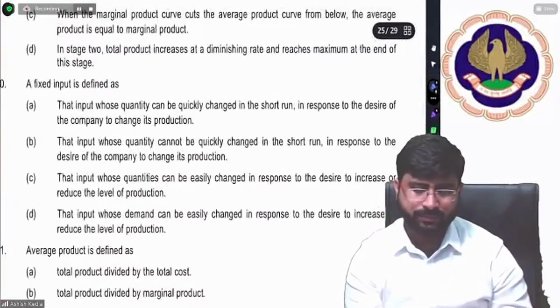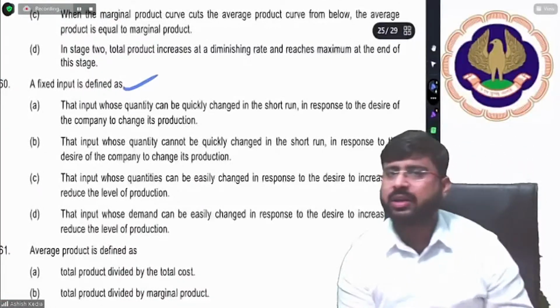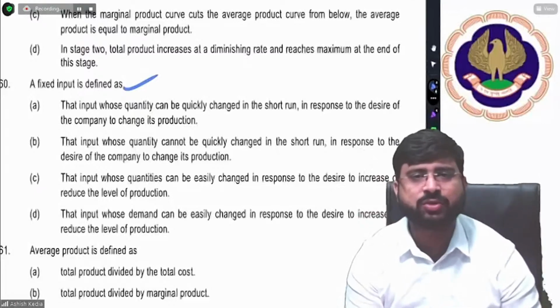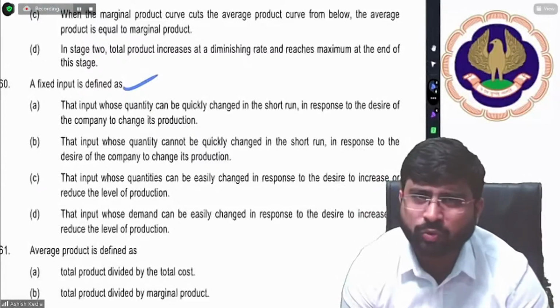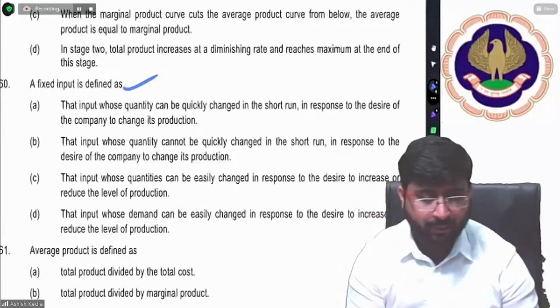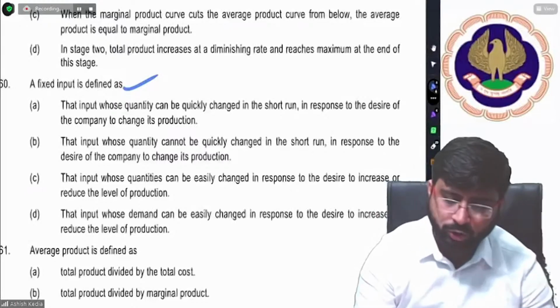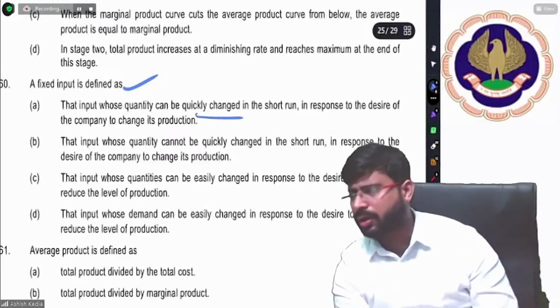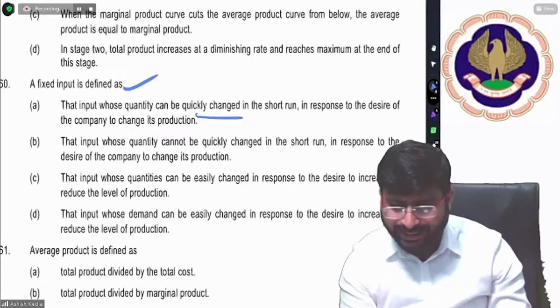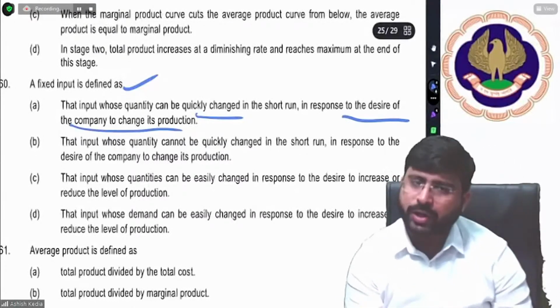Next question. Question 60. Try it out, friends. A fixed input is defined as the input whose quantity can be quickly changed in the short run in response to the desire of the company to change its production.